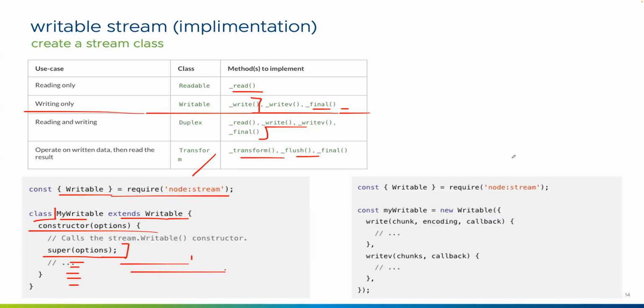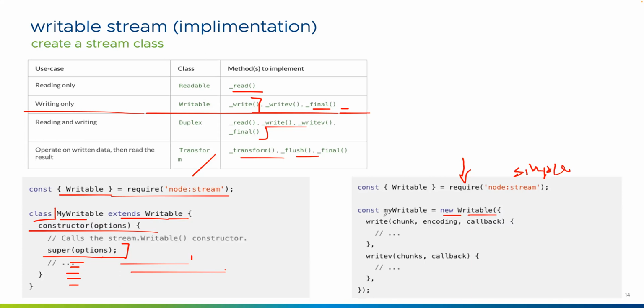Another way to define your stream is what we call the simple mode, because you don't need to use the keyword class to define your methods and constructor and the implementations you have to give. You just new Writable and initialize your instance.